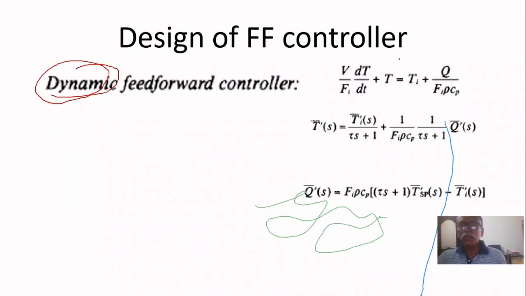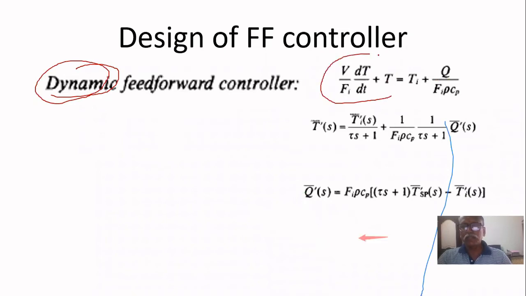Now you can divide the entire equation by Fi. It can be written like this. In that, we want to take the Laplace transform on both sides, because this equation is for changes. That gives this, which is nothing but V by Fi S plus 1.